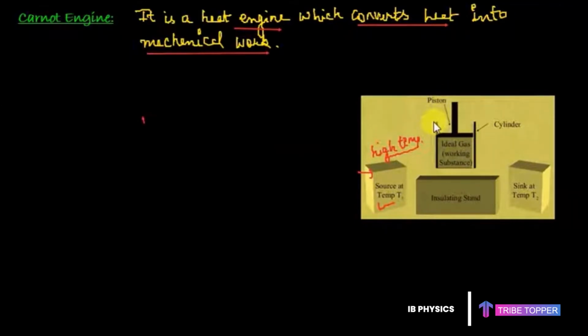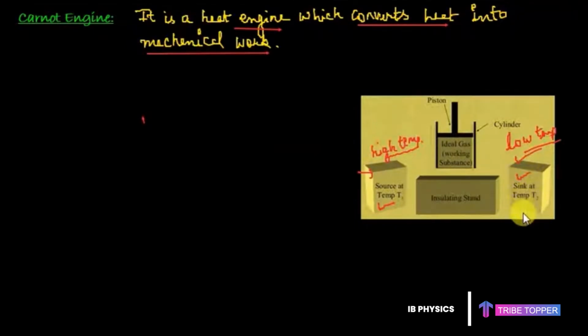The next important thing is the sink of heat, and it's at a temperature T2. This is at a low temperature, which we maintain so that any amount of heat can be rejected to it, because this working substance, when it works, absorbs heat, does some work and rejects the remaining heat, which has to be given to something, and that is our sink.